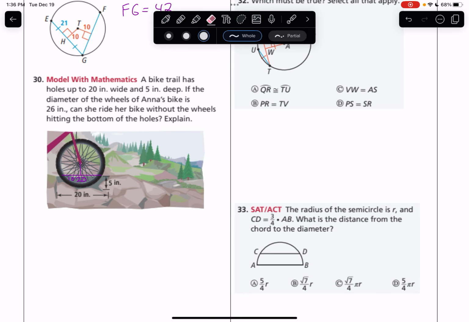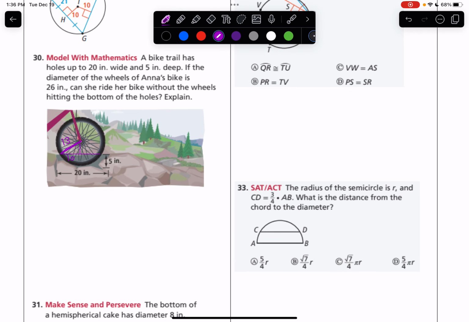Let me erase the 20 here. Try this again. There's my chord, 20 inches long. It's 10 and 10 when I divide it in half and make a right triangle. I also know that the radius of this circle is 13 because the diameter is 26. So 13 is the radius.